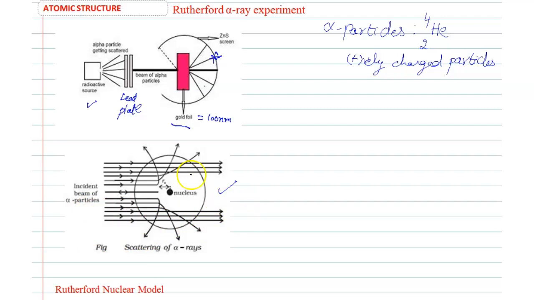Most of the alpha particles pass straight. See this? But some alpha particles are deviated whenever they reach near the nucleus.